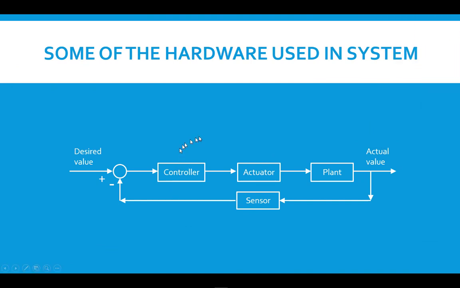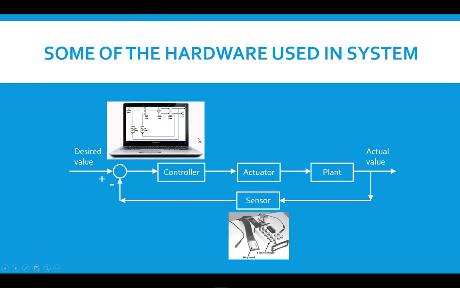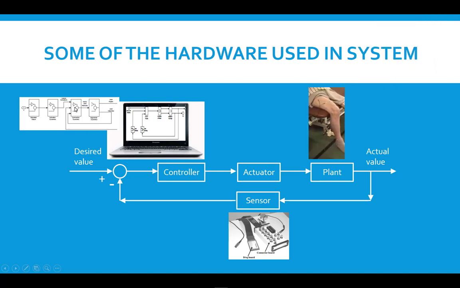Let's look at a little bit of the hardware that is used here. First thing that we'll look at is the sensor hardware. So here's the sensor hardware. Controller, again, is often a computer, and more specifically it is software in the computer. This is actually block diagrams from the software program Simulink, so the controller can be written in Simulink.